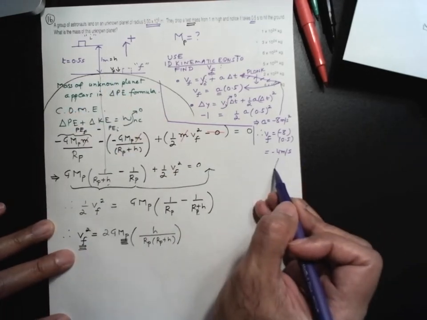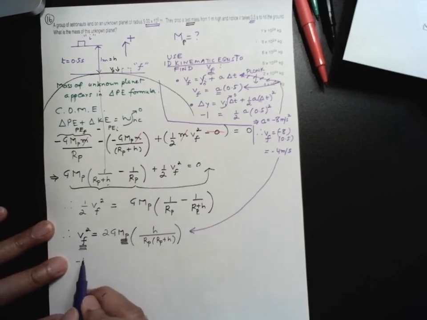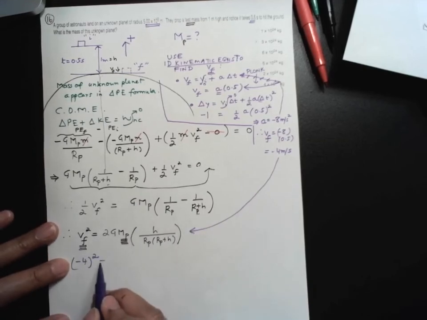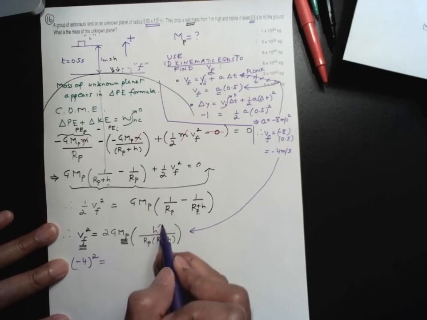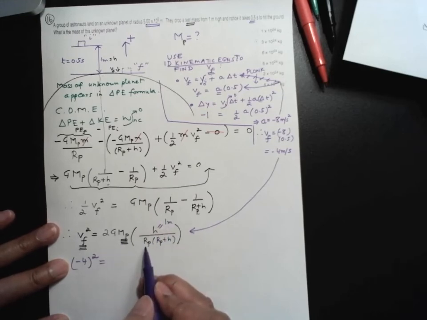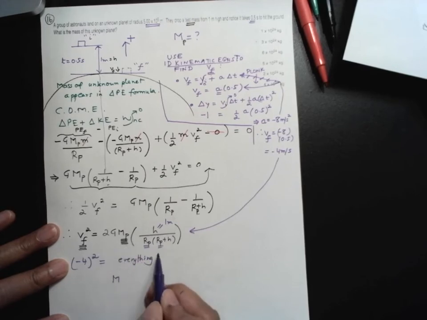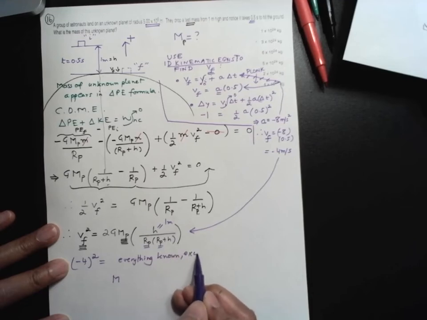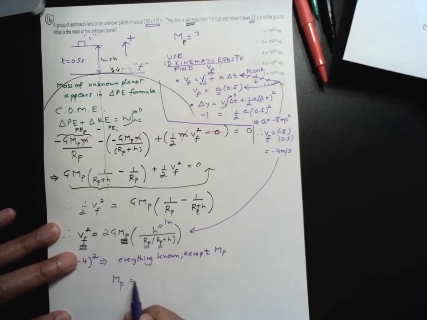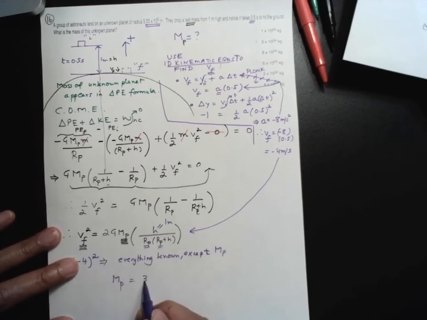So I just need to bring this in here, so -4 squared equals, and then everything is known here. This is 1 meter, the radius of the planet is given, everything is known. So I can solve for the mass of the planet. Everything is known except the mass of the planet. So the mass of the planet then works out to be 3 times 10 to the 24 kg. Okay.